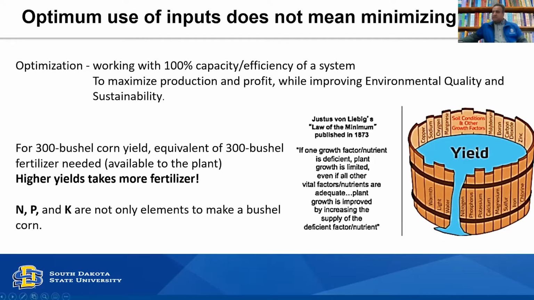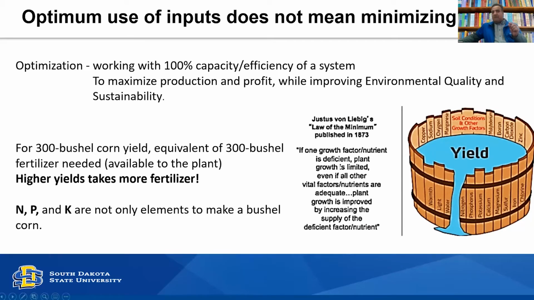In this picture, you will see the law of the minimum diagram. You will have one limiting factor that limits your yield or production.